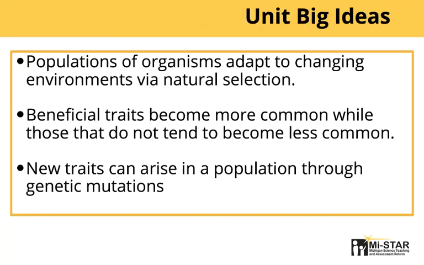Unit 8.1 is built around the concept of adaptation through natural selection. Populations adapt when changes to the environment cause individuals with a particular trait to be more likely to survive and reproduce. Over time, this difference in reproduction leads to that trait becoming more common within the population.